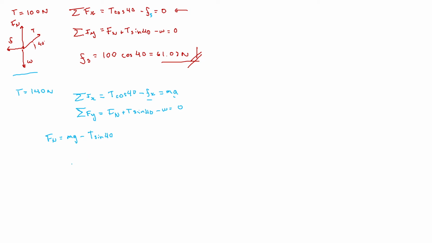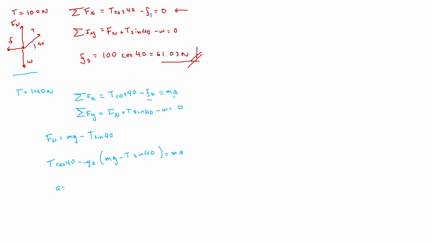And there I know that the tension cosine of 40 minus mu k times mass times gravity minus T sine of 40 is gonna be equal to mass times acceleration. So from there, I just need to solve for a.